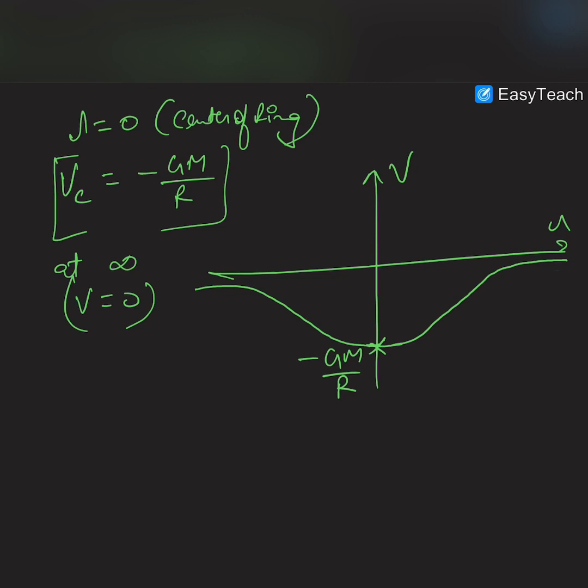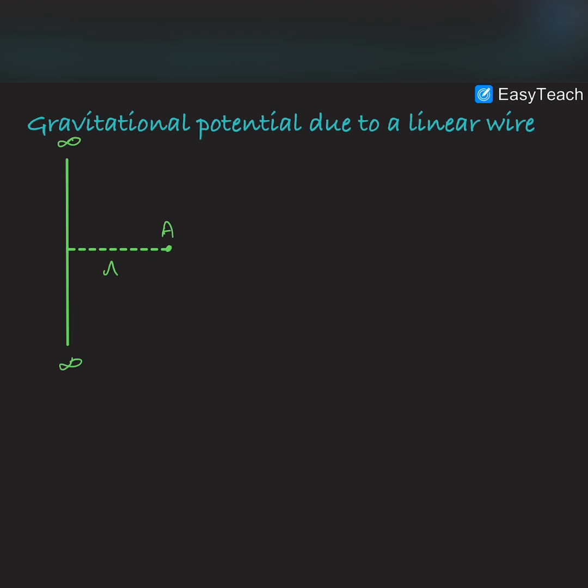Now let's move on to the next figure. In this figure you can see that we have to find the gravitational potential due to a linear wire, on which the mass is distributed along a line. Again, let us consider two points, one is A and another is infinity. We know that the gravitational field intensity due to this linear wire can be easily calculated from the electric field intensity, which is 2k lambda by r.